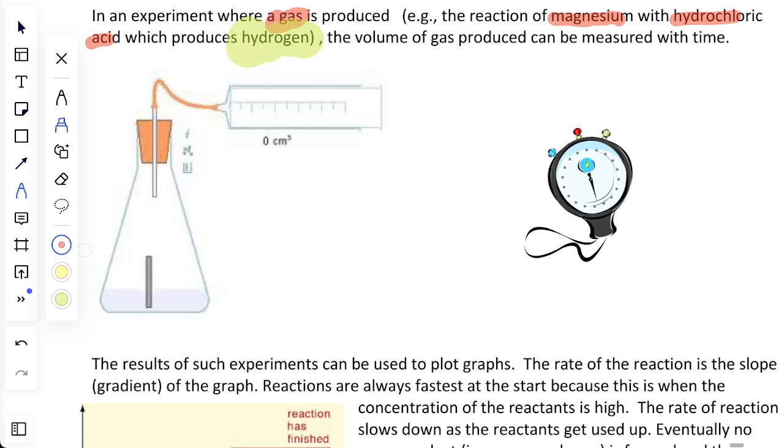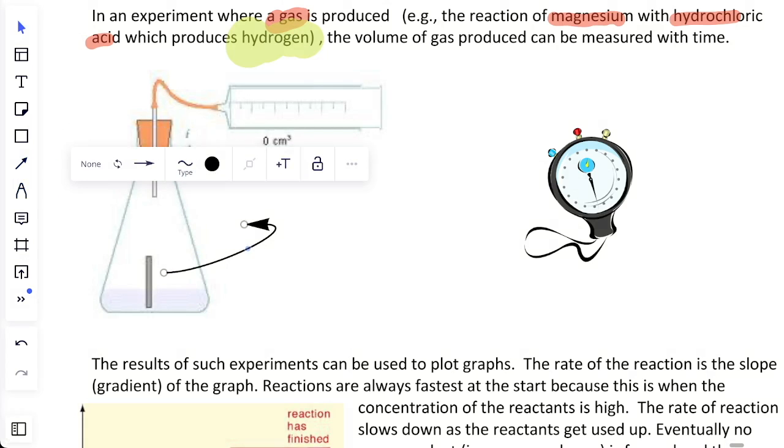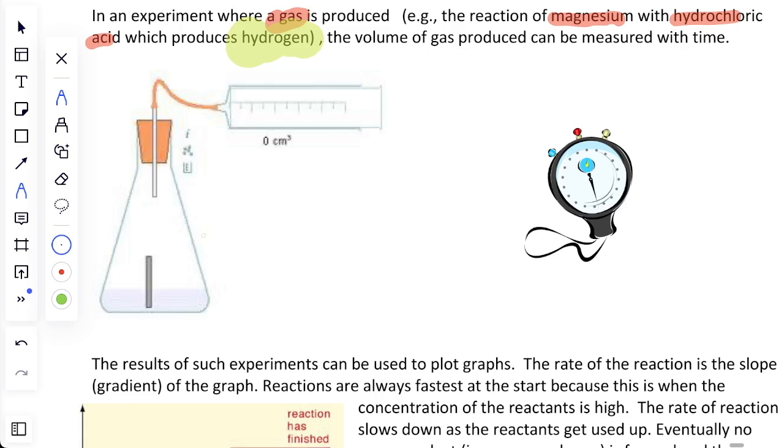We don't care about the salt, we just care about the hydrogen gas. Now here, if you can see this, I do not know why it is lagging a lot, but anyway, this is the magnesium ribbon. The magnesium ribbon is put into this flask, and the liquid here is HCl. They will react together and produce hydrogen gas.